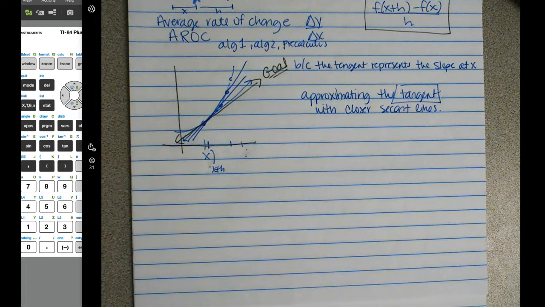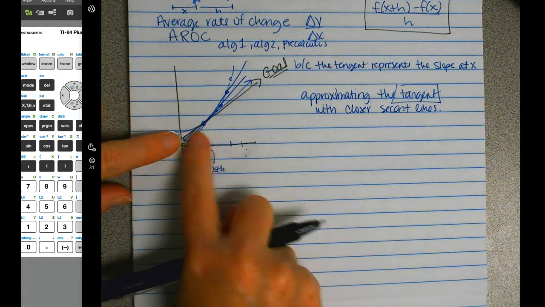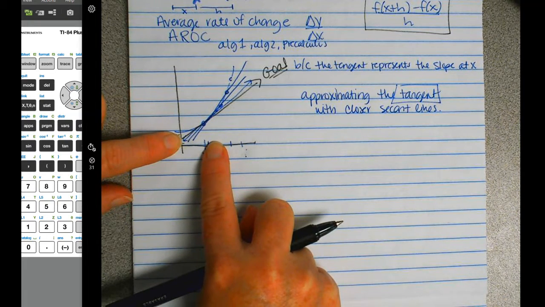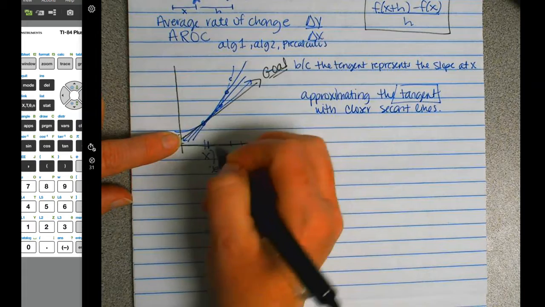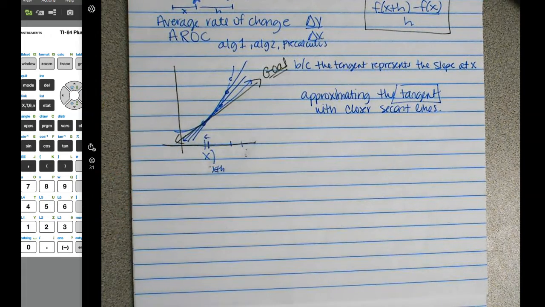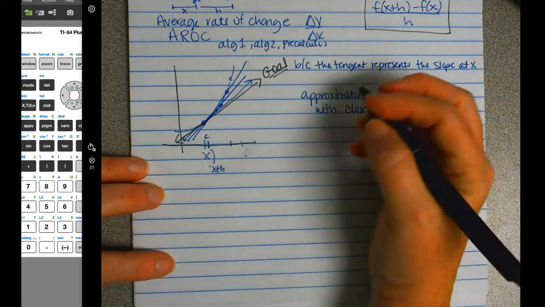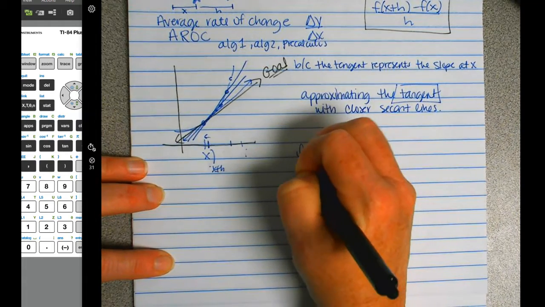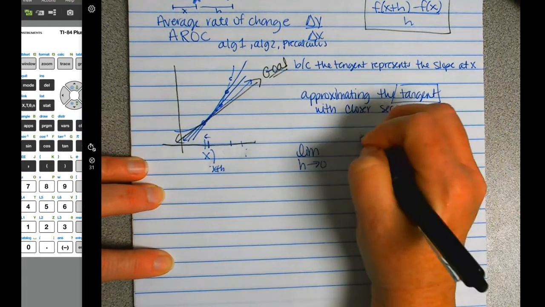We're trying to make h, it was like 1 away here, and now it's half away, and now it's 0.5, then 0.35 away, and then 0.1 away. And this is actually the limit definition of slope, we're trying to make h go to 0.